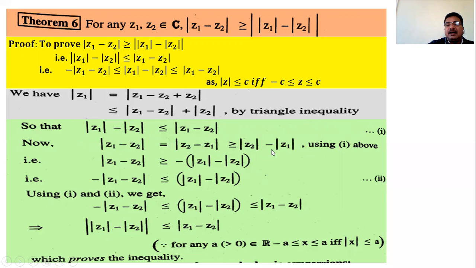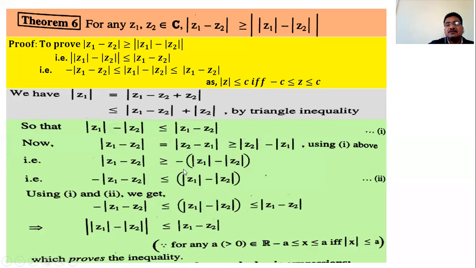And then we have |Z1 − Z2| is greater than or equal to, taking the minus sign common from this side, −(|Z1| − |Z2|). Therefore, changing the sign of both sides, greater than or equal to converts to less than or equal to.